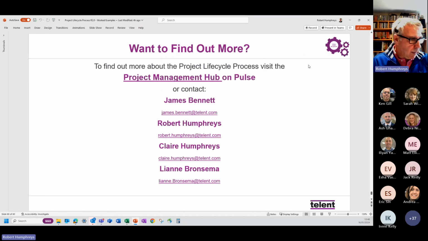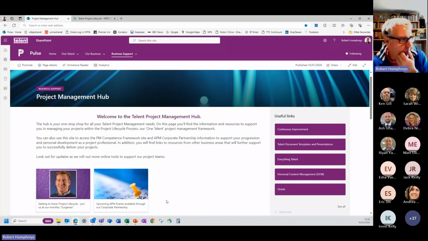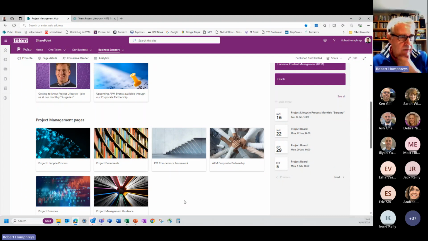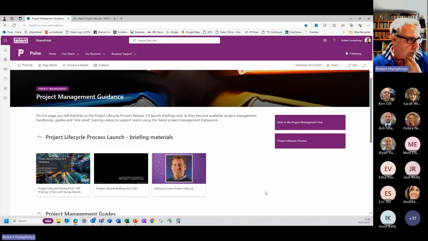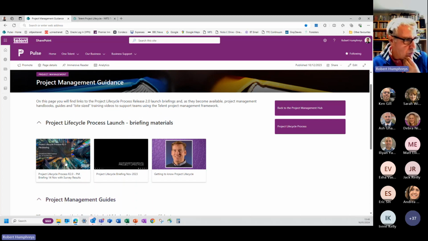And I think that's all I had. So what I will share with you now is just to show you the Project Management Hub. Like I say, I'm putting stuff up on there as quickly as I can. I've created a new page now, Project Management Guidance. For those who haven't been there recently, from the launch we've got the launch material.